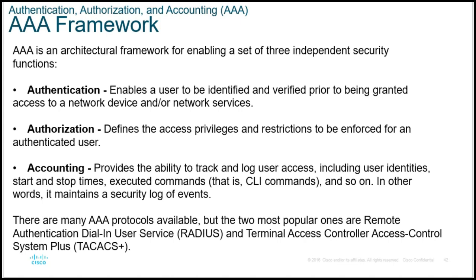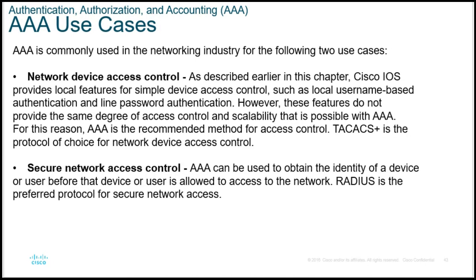Examples of two commonly used protocols are RADIUS and TACACS+. RADIUS is an open standard and TACACS+ is from Cisco. The reason we call it a framework is that every protocol that wants to implement it must support all three. But in terms of implementation, you can implement all three or the individual components of the AAA framework. With AAA, we can use it for network device access control, which means when you want to access a local device, the authentication, instead of being saved in IOS, is saved on the server.